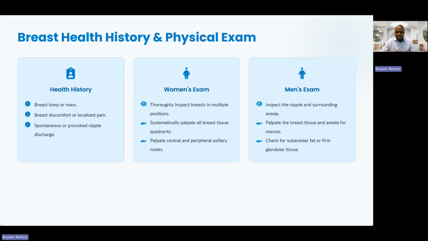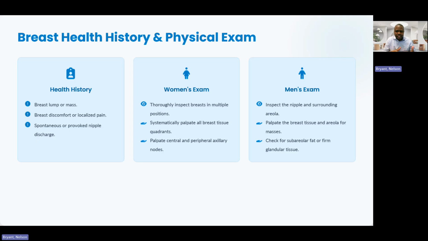So then for the physical exam, we have to give it more time for both men and women, and combine our own inspection with the multiple anatomical postures and meticulous palpation. This takes time, especially if it's the first time you see the patient, because you have to palpate all quadrants.